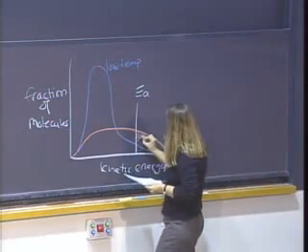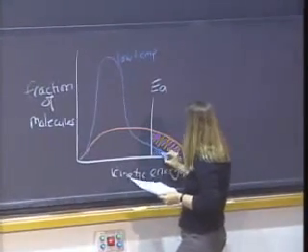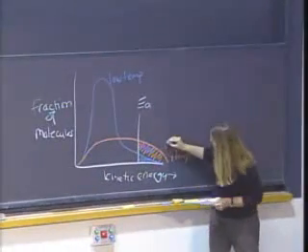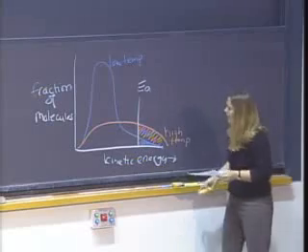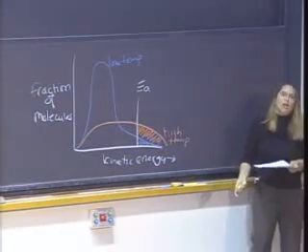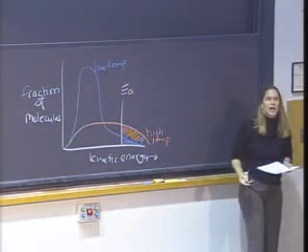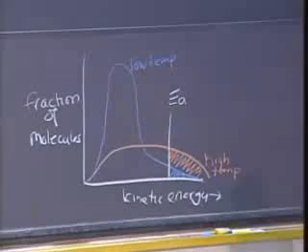If you look at the fraction of molecules that would have that energy, at higher temperatures more molecules have that critical amount of energy. And at lower temperature, fewer molecules have that critical amount of energy. So temperature makes a difference. At higher temperature, more things will be able to react.